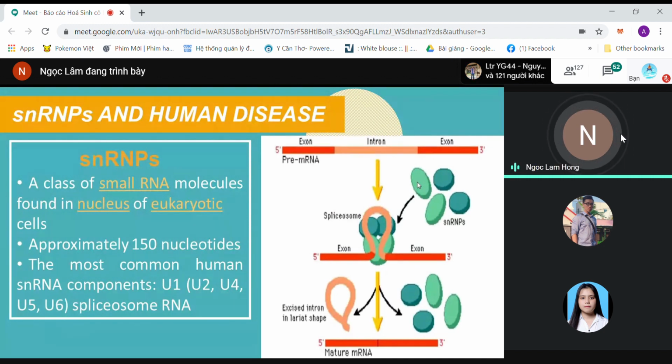And the goal is to turn the pre-mRNA into a mature and fully functional mRNA by cutting out the introns and splicing the exons together after that.